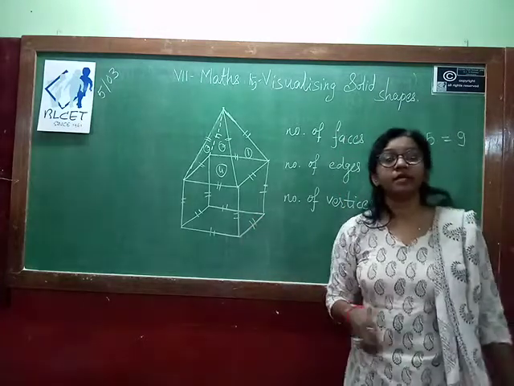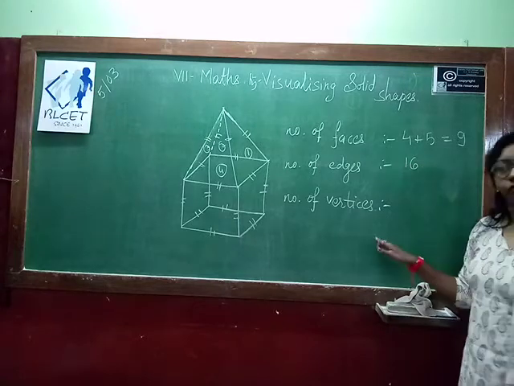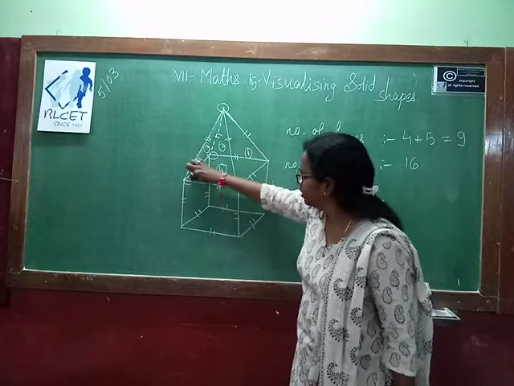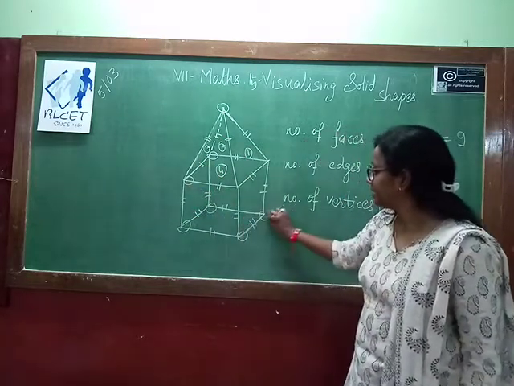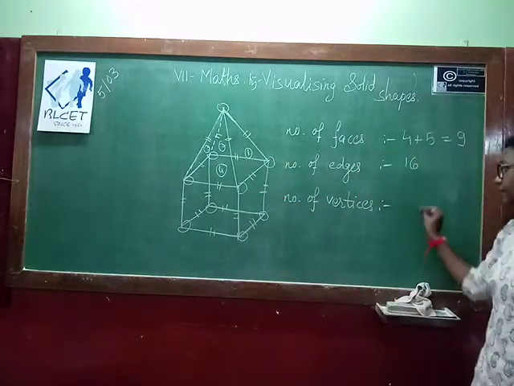So total 16 edges are there. And number of vertices 1, 2, 3, 4, 5, 6, 7, 8, 9. So the number of vertices is 9.